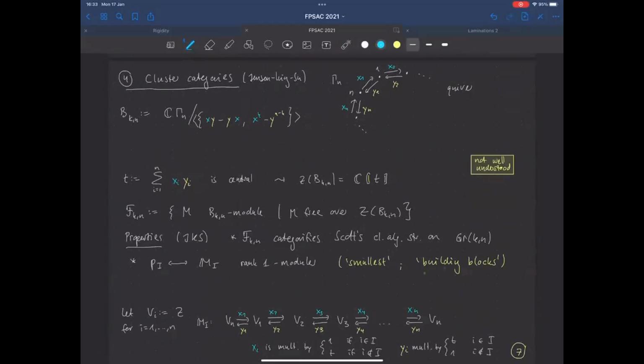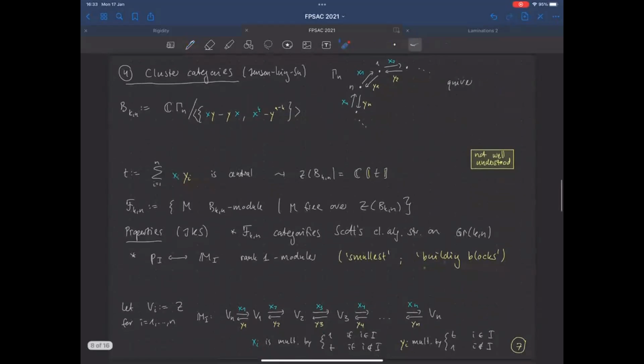So I'm going to explain these cluster categories briefly and then illustrate really what that means. So I have to define an algebra and I have to take modules for this algebra. My algebra depends on a graph, which I call gamma n. And this graph sits on a circle. It has vertices 1 up to n and arrows in both directions. So that's called a quiver, if you like, an oriented graph.